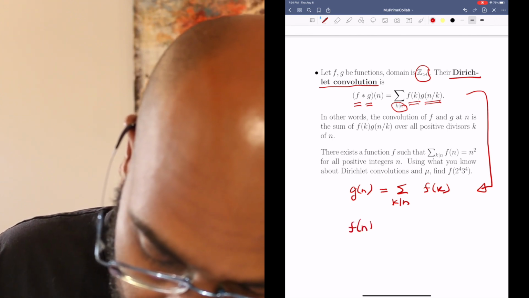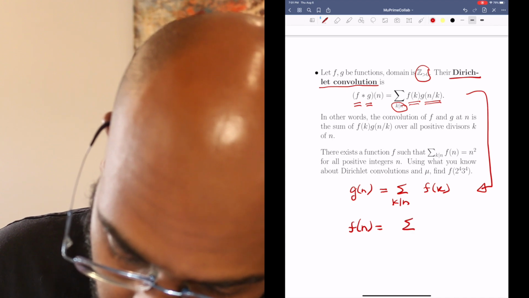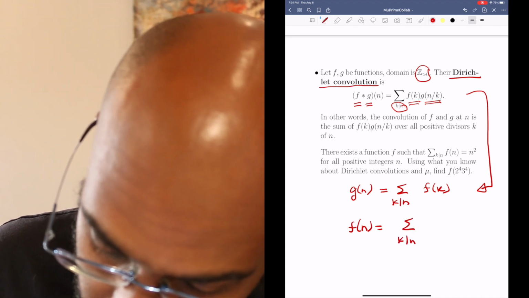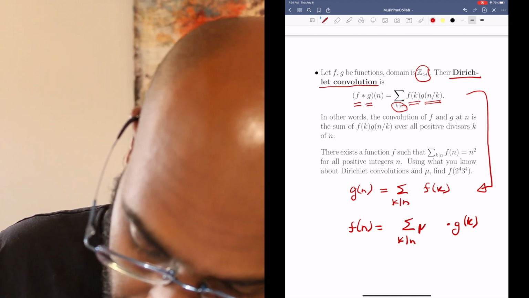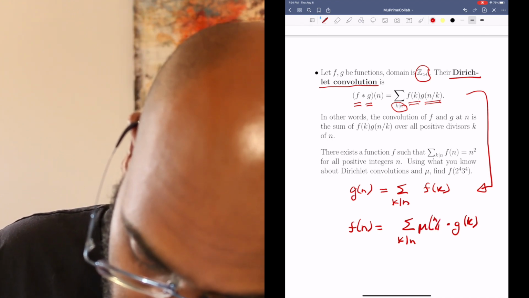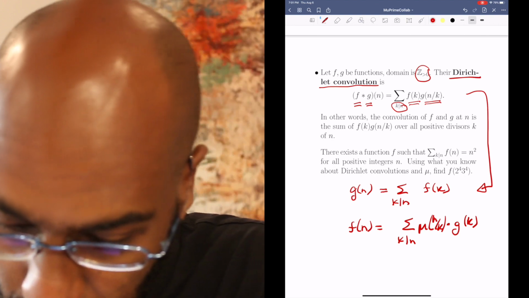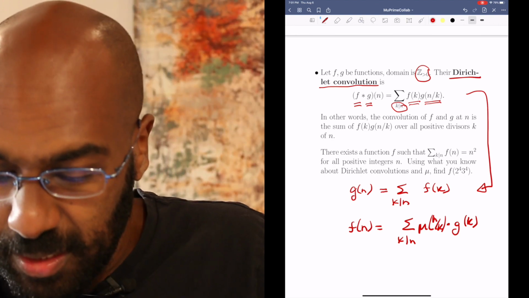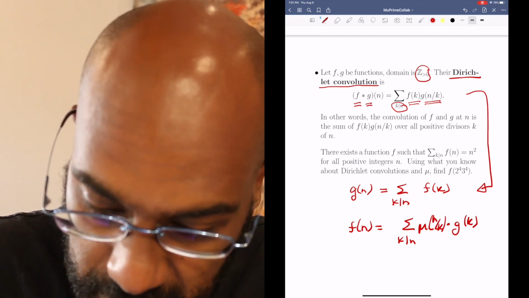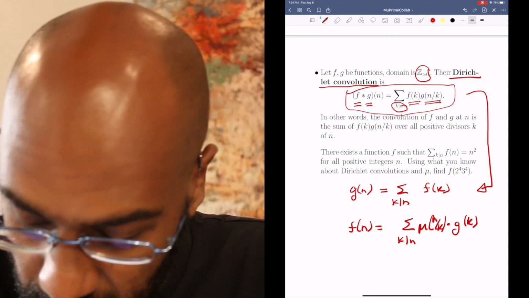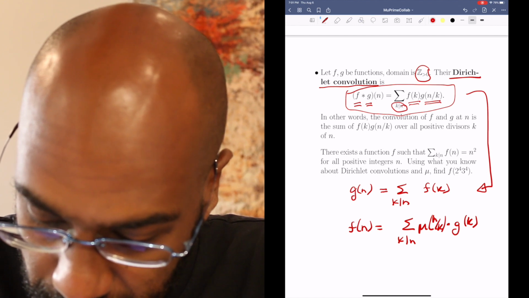And it says that f of n is the sum over k divides n of g of k times this mu function, mu n over k. Okay. And the reason that this comes up has to do with a relationship to this particular Dirichlet convolution that we have right over here.